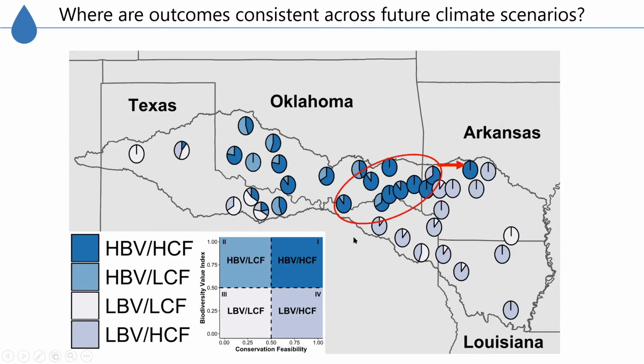And so we can look at where the outcomes are consistent across future climate scenarios. So there's a subset of sites here in the east central portion of the basin that are consistently high biodiversity value, high conservation feasibility. So those are kind of like a low risk conservation investment. You would want to put some money in there because you can get some consistent maximized outcomes across all of those future climate scenarios.